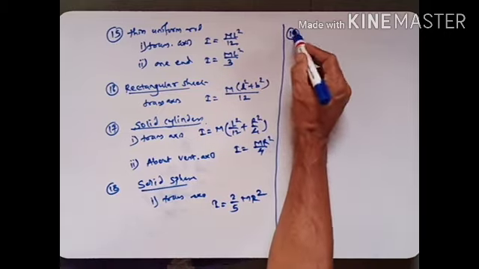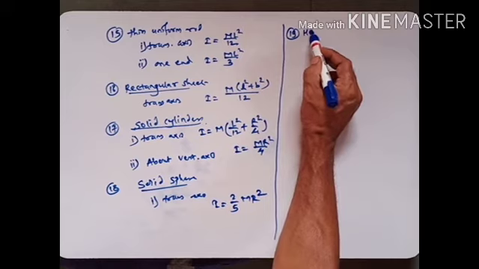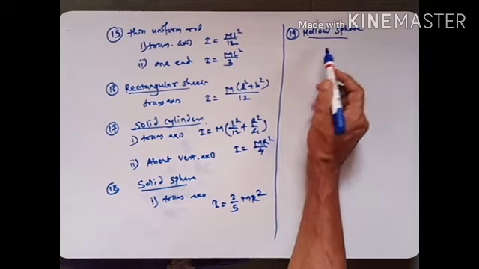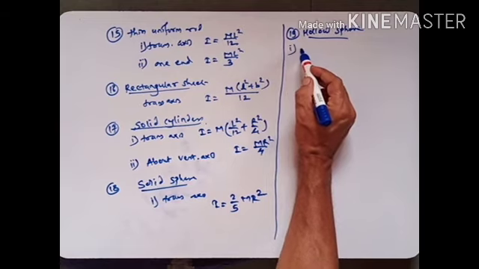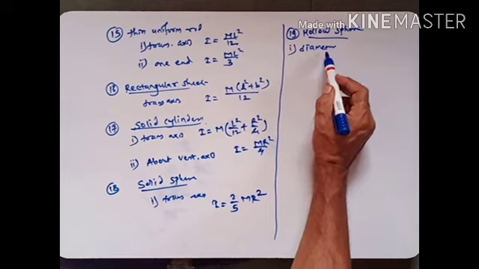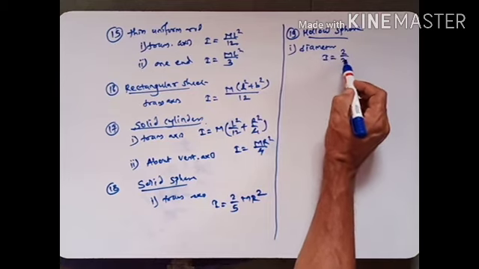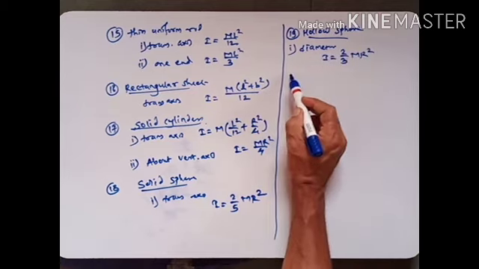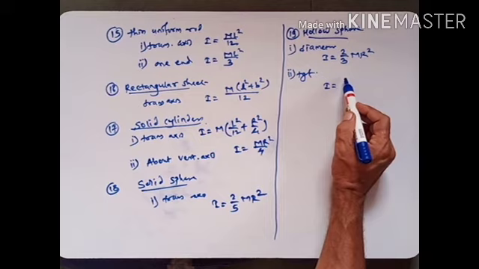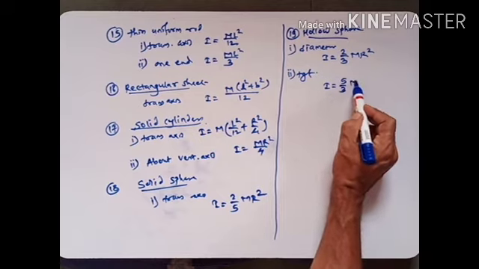Point number 19. Hollow sphere. Diameter as axis of rotation, then I is equal to 2 by 3 mr square. And next one, tangent, I is equal to 5 by 3 mr square.